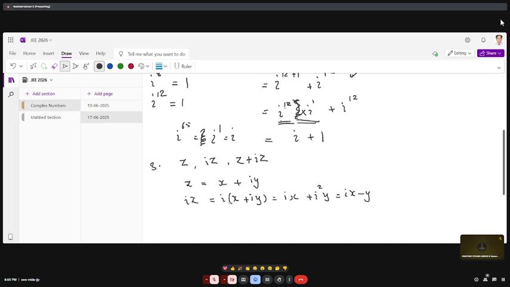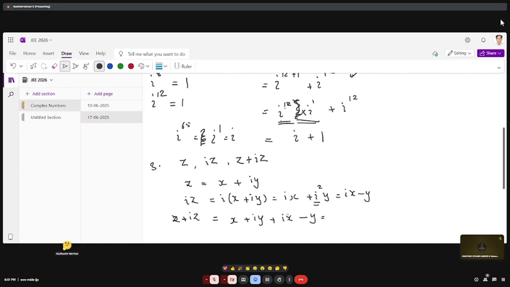I am taking Z equal to x plus iy. So iZ will be i into x plus iy, which is ix plus i squared y, which is ix minus y, because i squared is minus 1. Now Z plus iZ will be the sum of the two: x plus iy plus ix minus y.